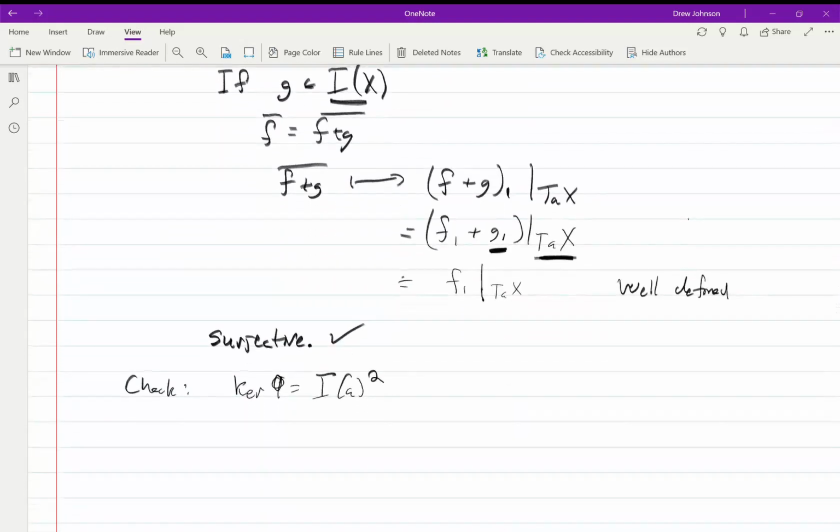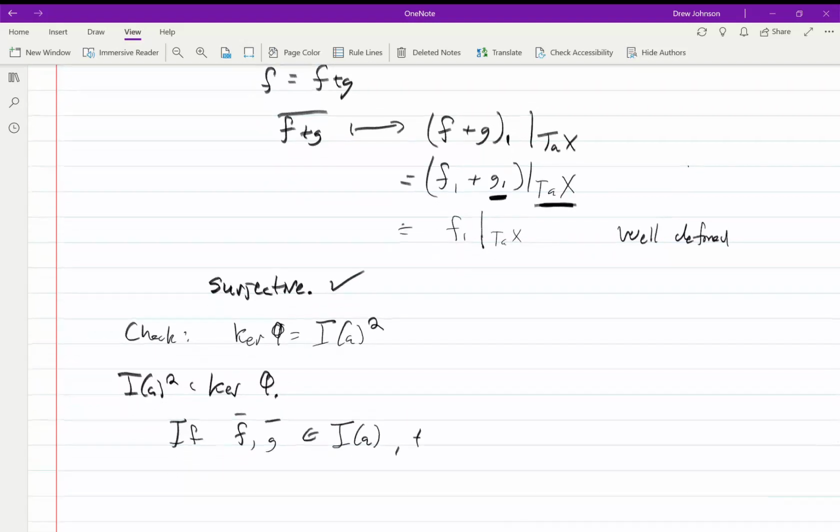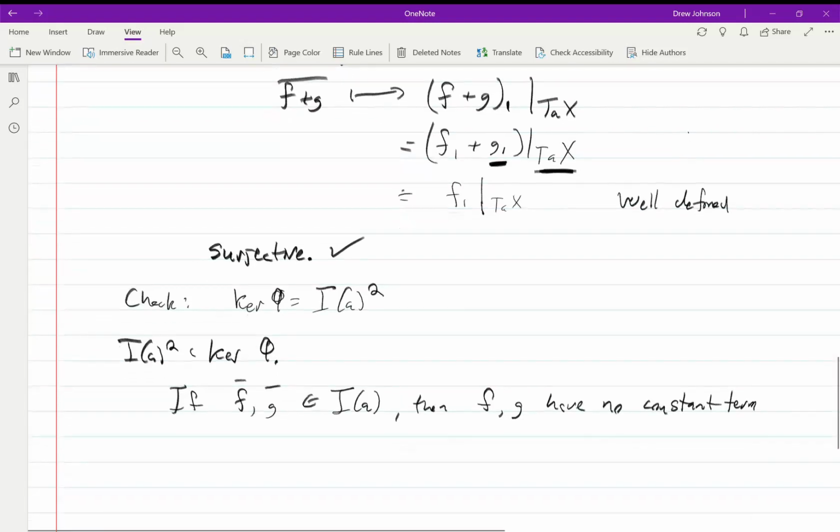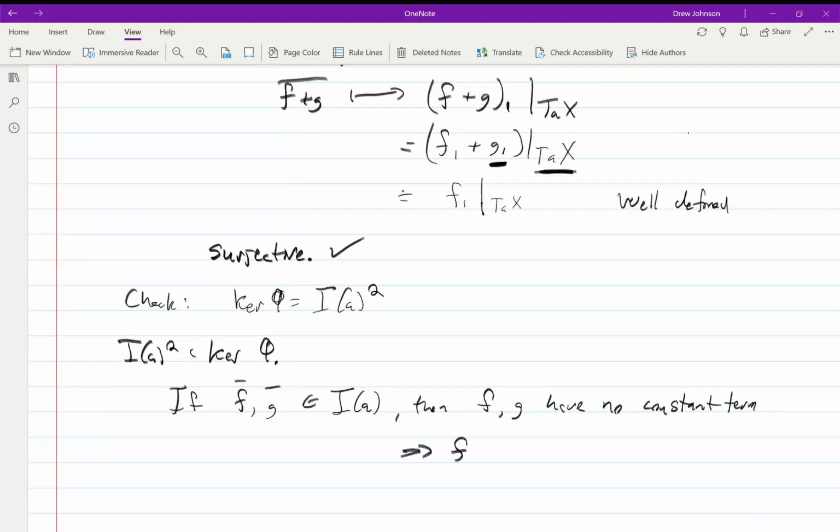One direction is pretty easy, so let's check that I(A) squared is contained in the kernel of phi. All right. So if f bar and g bar are both in the ideal of A, then f and g have no constant term. That's basically what it means to be in the ideal of A. But that would imply that f times g has no linear term, right?